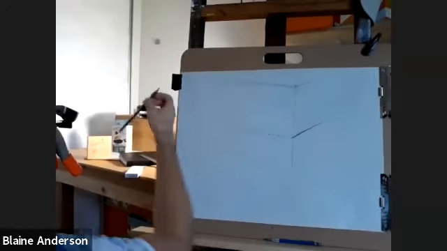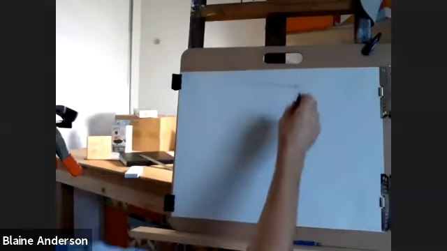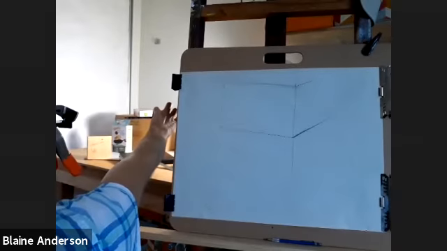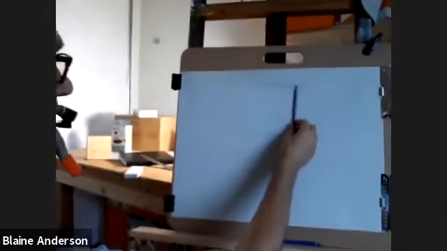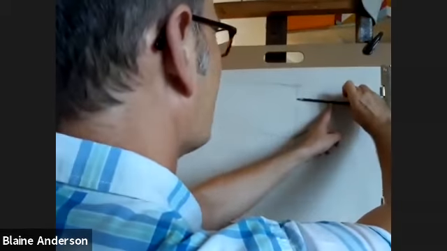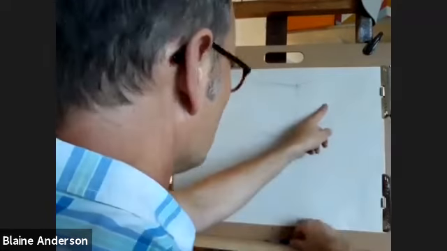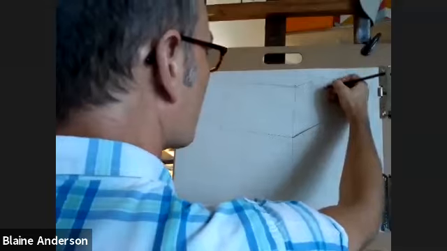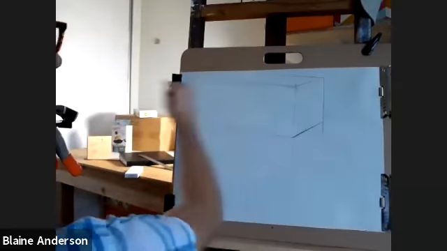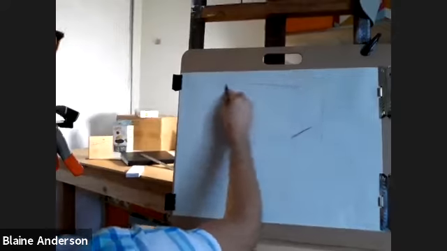And then I'm going to measure the distance here compared to there. So I'm going to get this compared to that, and it looks like it's a little less than half. So if this goes that far, this is going to be less than half, like this far maybe. Then I'm going to measure this angle and draw that in. I'm going to measure this angle and draw that in.